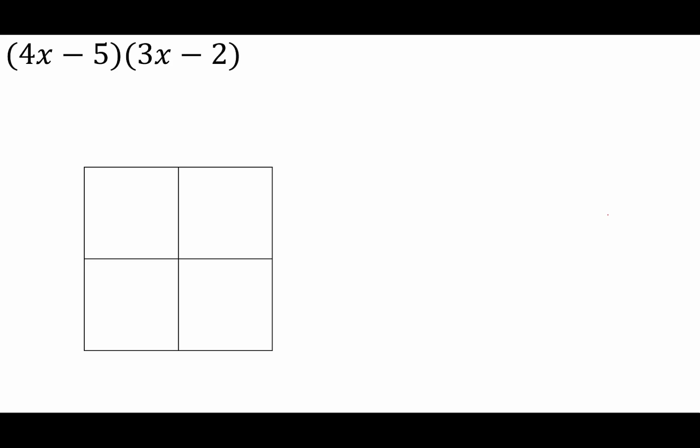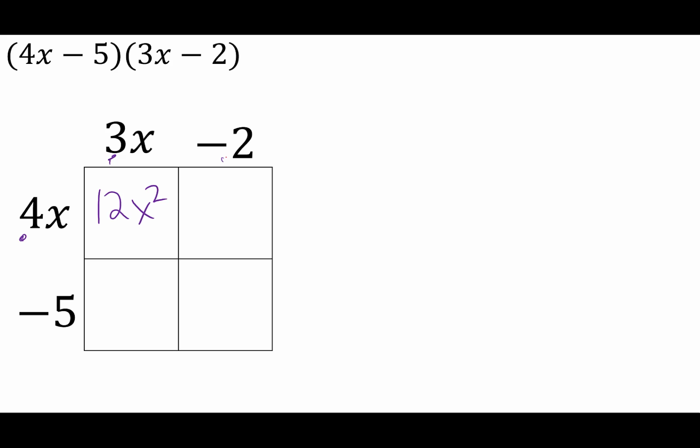All right, so again, we have another 2 by 2. I put my first one on the left, up and down, second one on the top, and now I can straight multiply. 4x times 3x gives me 12x squared. 4x times negative 2 gives me negative 8x. 3x times negative 5 gives me negative 15x.